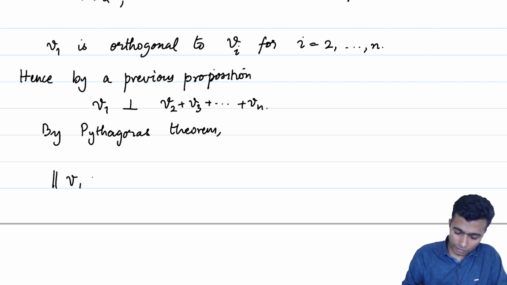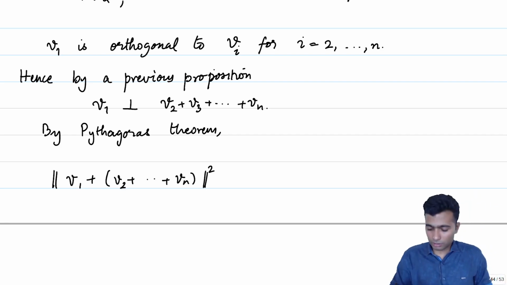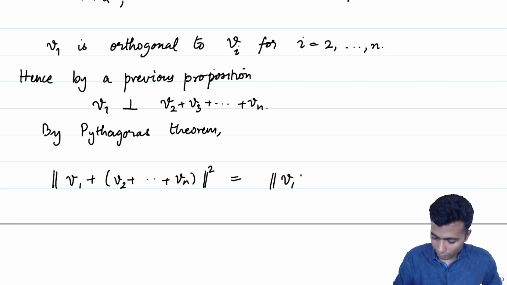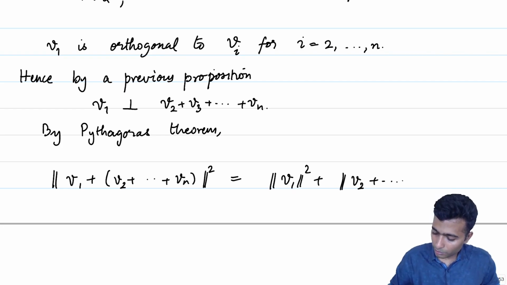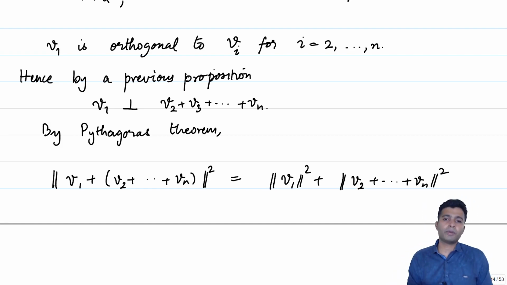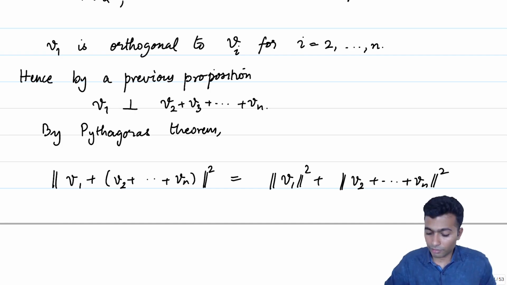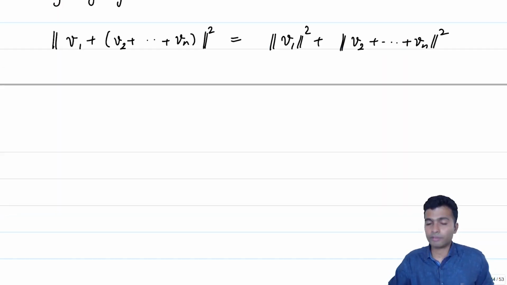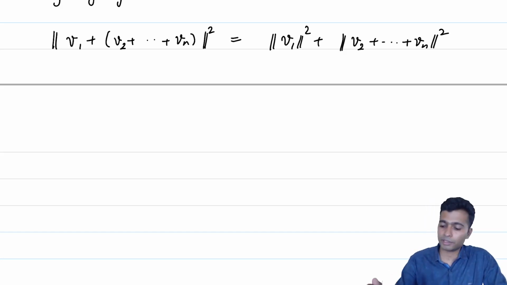the length of V1 plus V2 plus up to Vn, the whole square, is nothing but the length of V1 square plus the length of V2 plus up to Vn square. But by the induction hypothesis, we have already assumed that the result is true up to n minus 1.